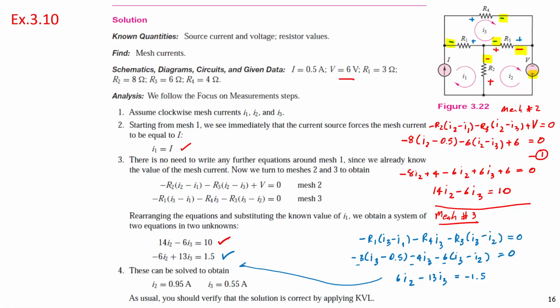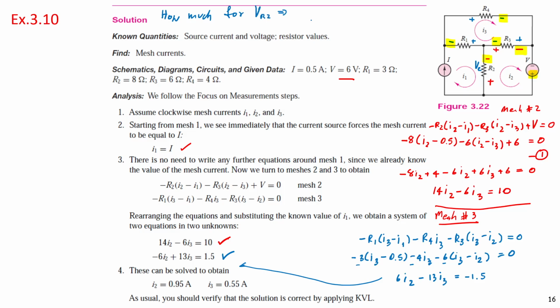So we solve these two equations, we get I2 and I3. If we would like to know a further parameter, for example, what is V across R2?